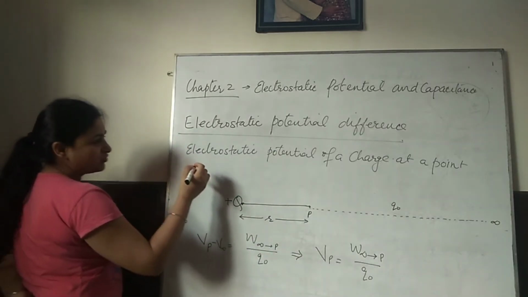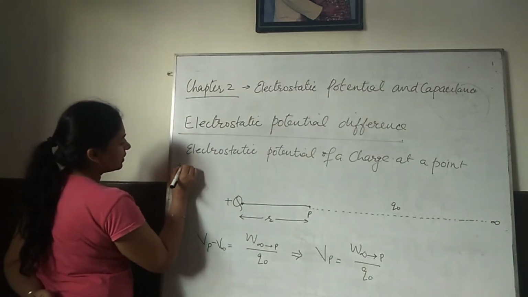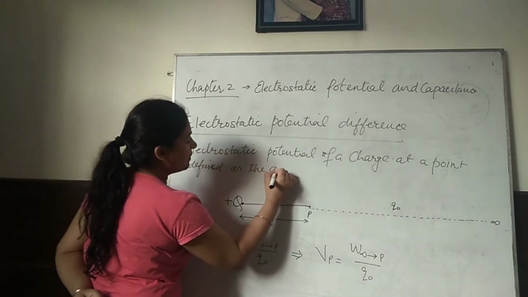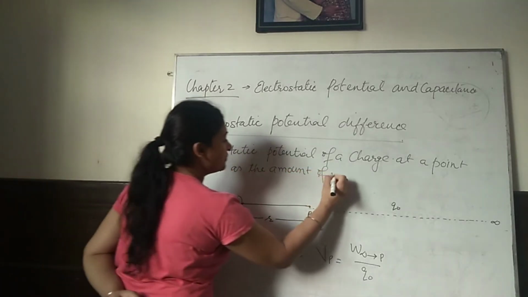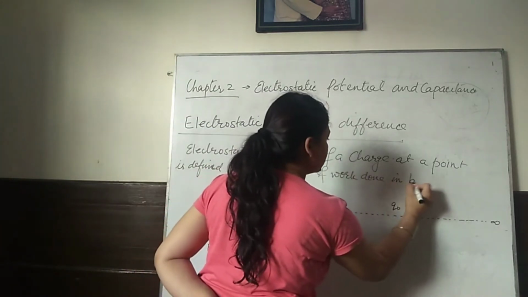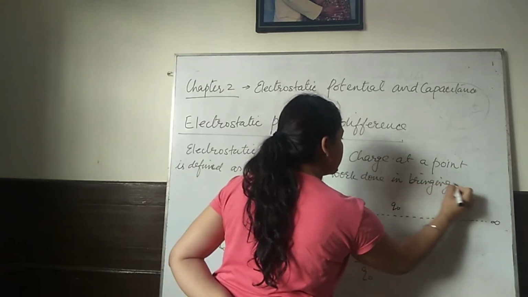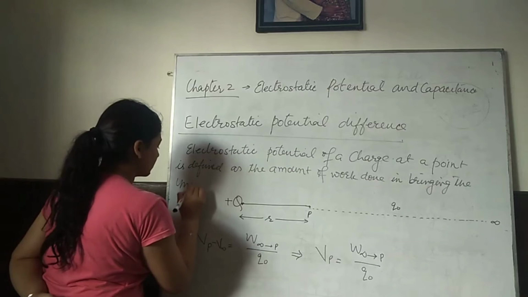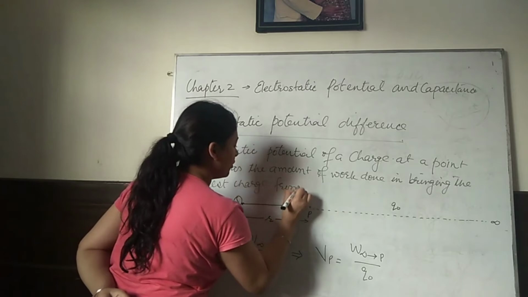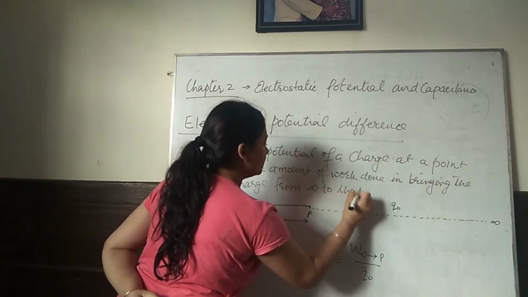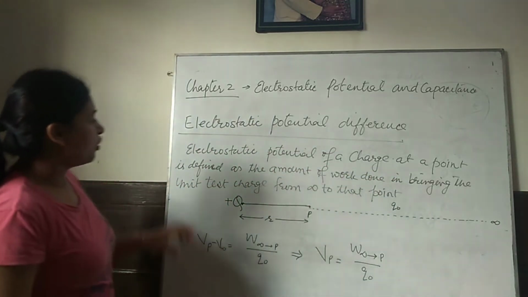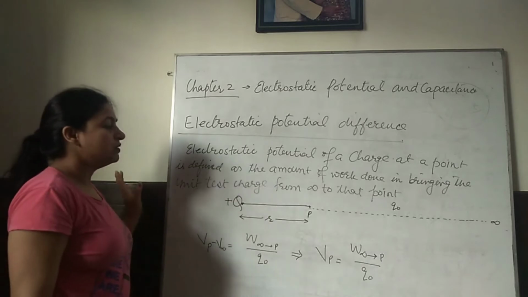Let us write down the definition: the electrostatic potential at a point is defined as the amount of work done in bringing the unit test charge from infinity to that point. So this gives you the definition of the electrostatic potential at one point.